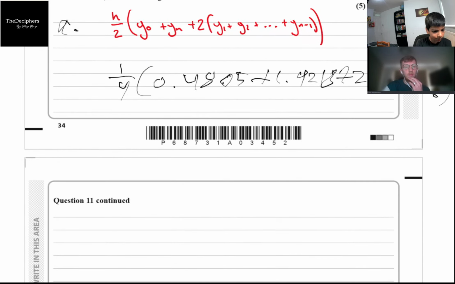So h over 2 times the two end values, so 0.4805 and 1.9218 plus 2 lots of the middle ordinates. Yeah, well done.